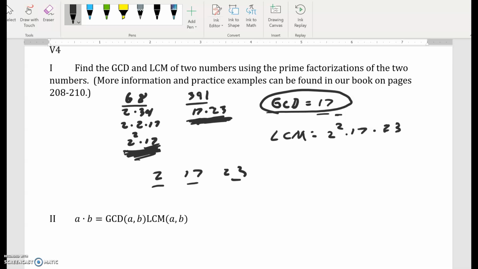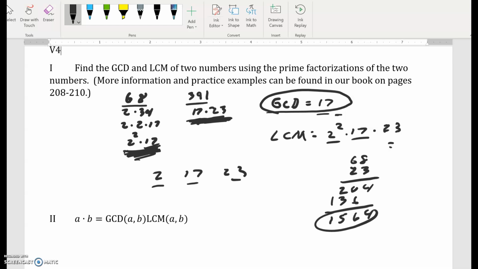And so the least common multiple is a little harder to figure out. This is 4 times 17, and that's 68. Times 23, who knows what this is? So the least common multiple is 1,564. The book does a pretty good job of explaining these.